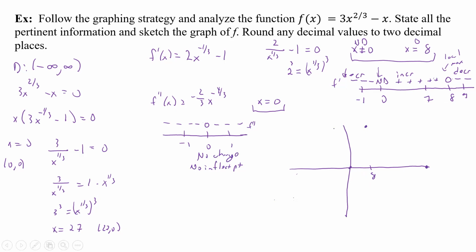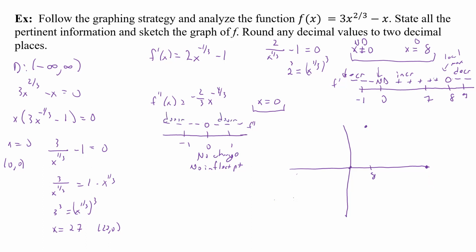And now, what else do we know? We're decreasing here, increasing, decreasing. And so it looks like we probably do something like that. Now, the key thing is we need to think about how it's going to be concave down here.